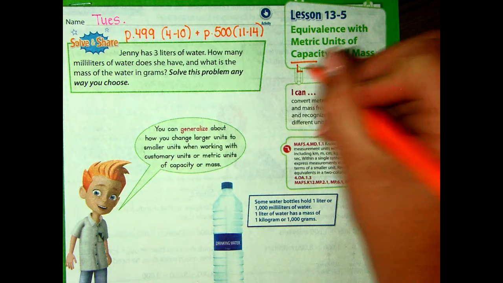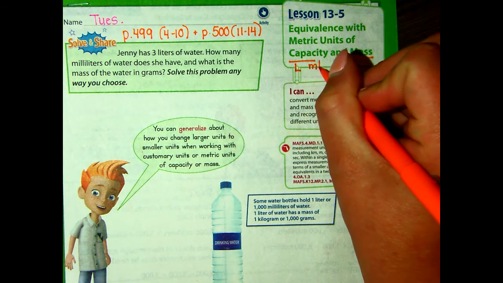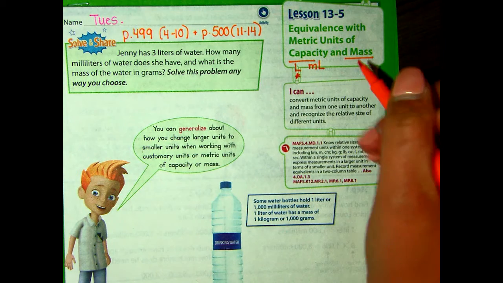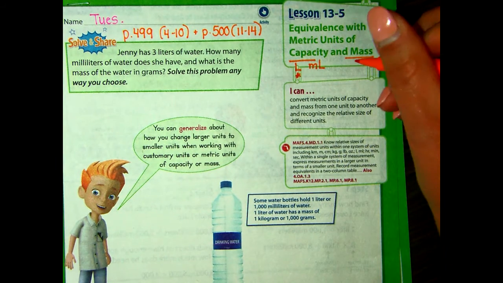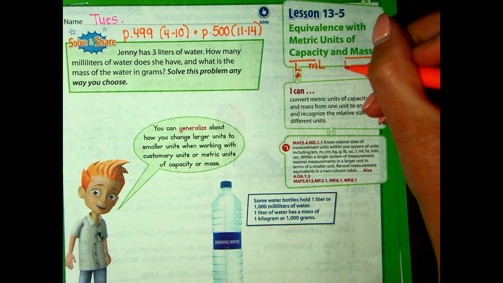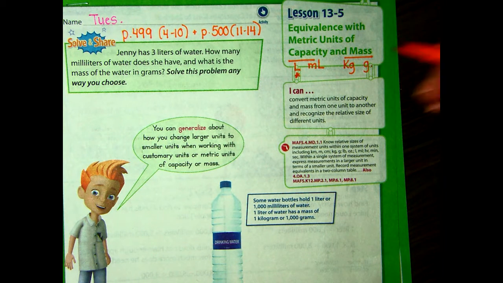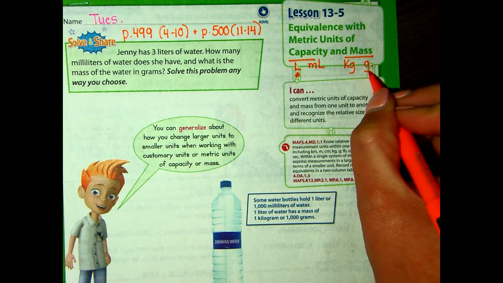So liters, abbreviated with that capital L, and milliliters. We know that liter is the larger unit of measurement, and milliliter is smaller. Then with mass, we're talking about kilograms and grams. We know that kilograms is bigger, grams is smaller.